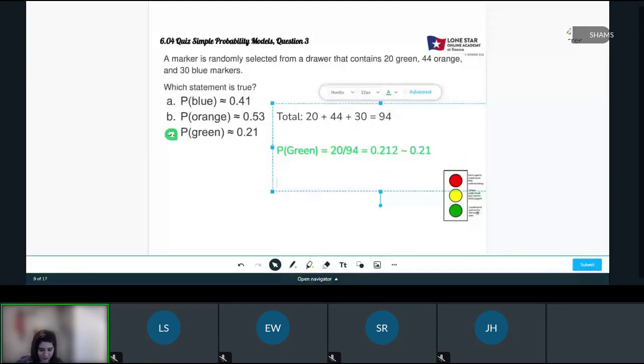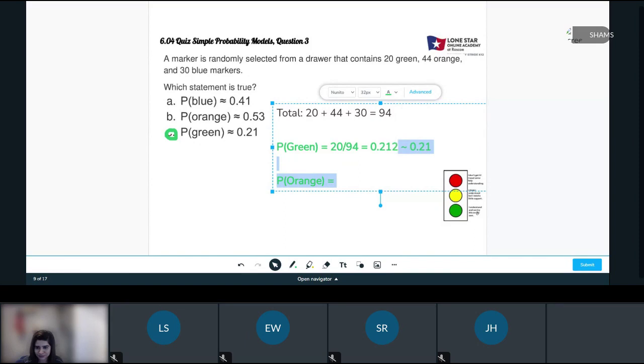If you wanted to find the probability of orange, it will not work because we already figured out C seems to be working. So everybody go work out for orange. Orange is 44 out of 94. 44 divided by 94.